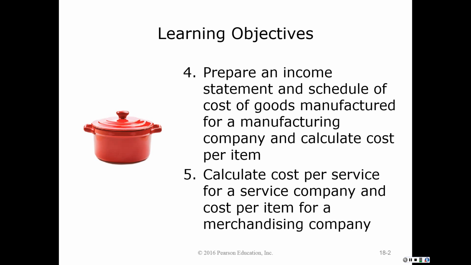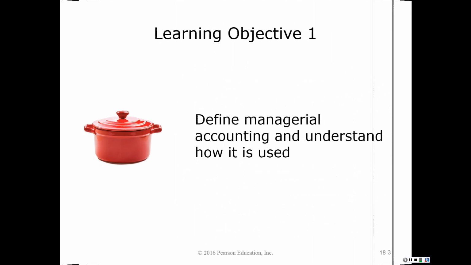Once we know the cost for manufacturing a certain item, we can determine what's going to move from our inventory in finished goods to cost of goods sold on the income statement when we sell that inventory. We'll also look at how we calculate cost for service-related and merchandising companies, which are a little different than someone who is actually manufacturing their own merchandise.